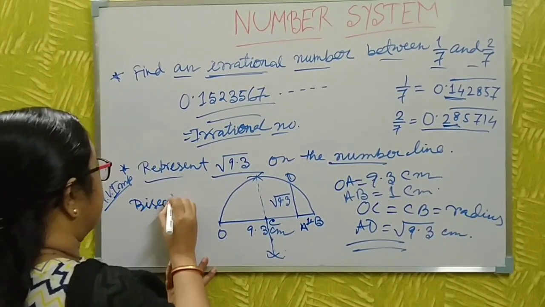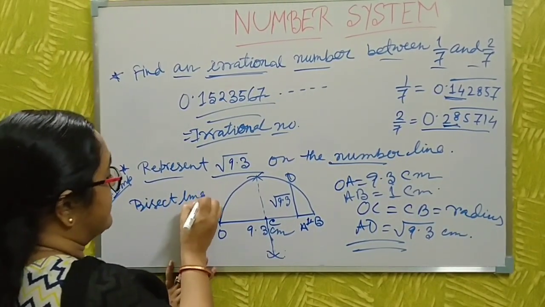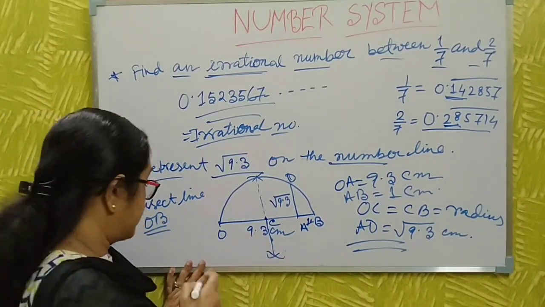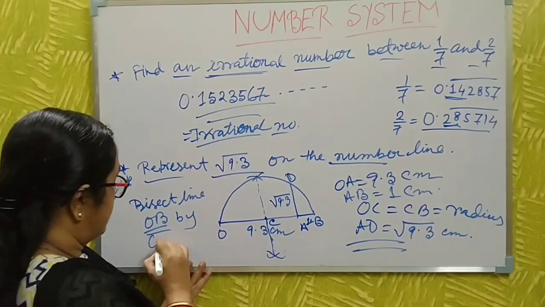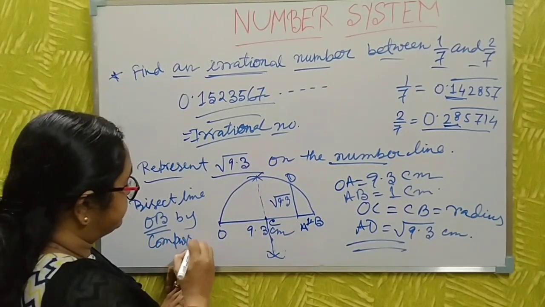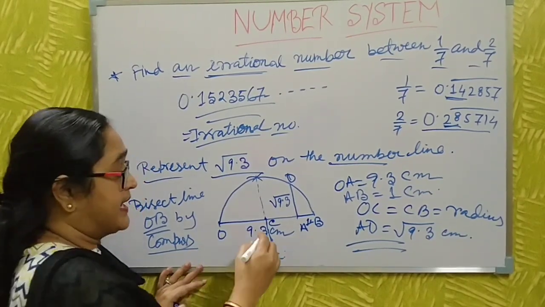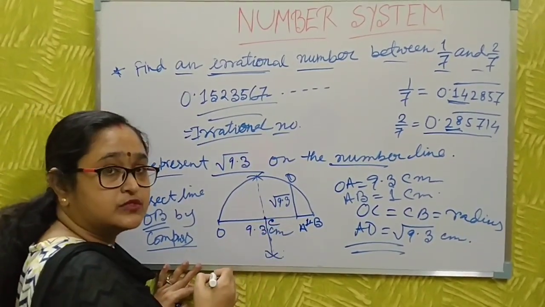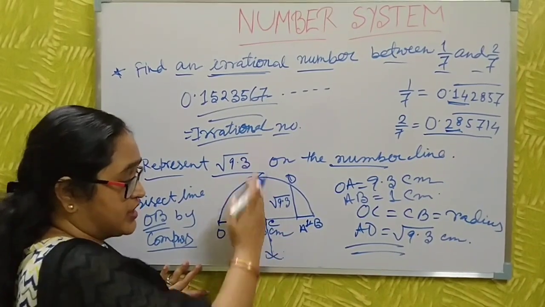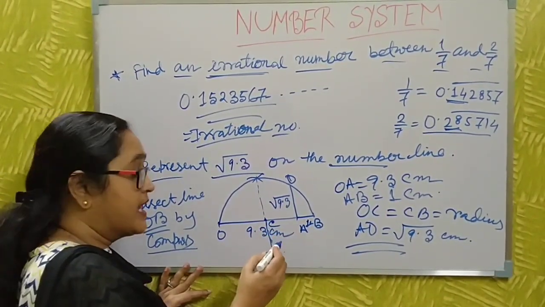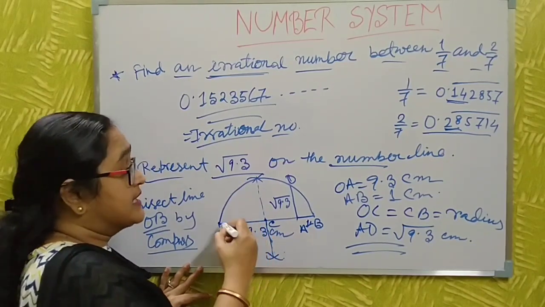Bisect line OB. Okay, the OB line you can bisect by compass. Next you put it here. Just draw this, and this is the center. C. You write the name also C. Then you draw the half circle.